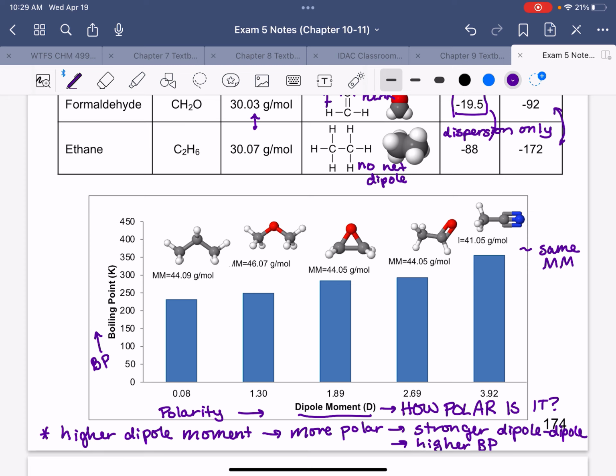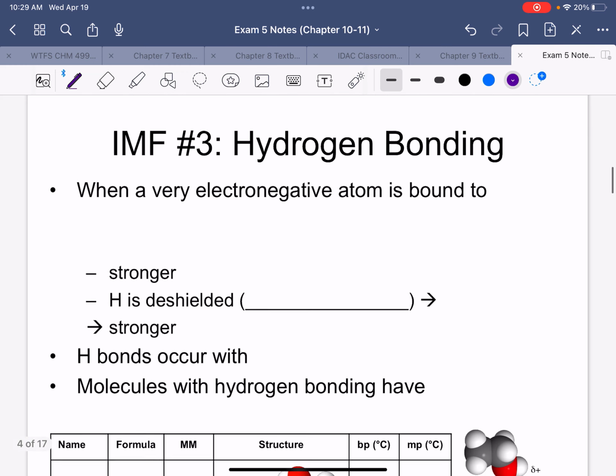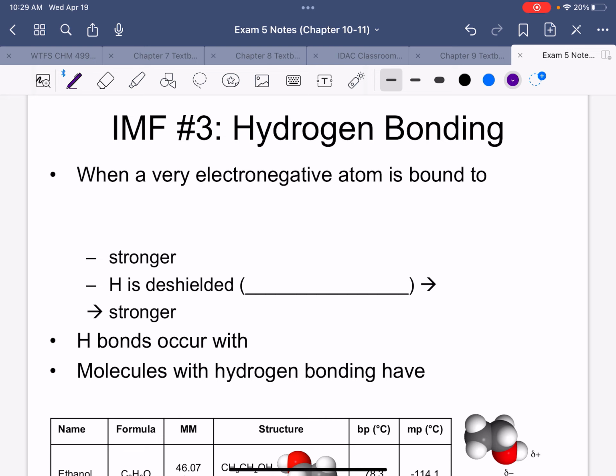So in these molecules, we didn't have to draw them. We could have just been given a name or a formula, but being given the dipole moment, all we had to do was look at the dipole moment to know which one was going to have the highest boiling point. Let's move on to our last intermolecular force, which is hydrogen bonding.